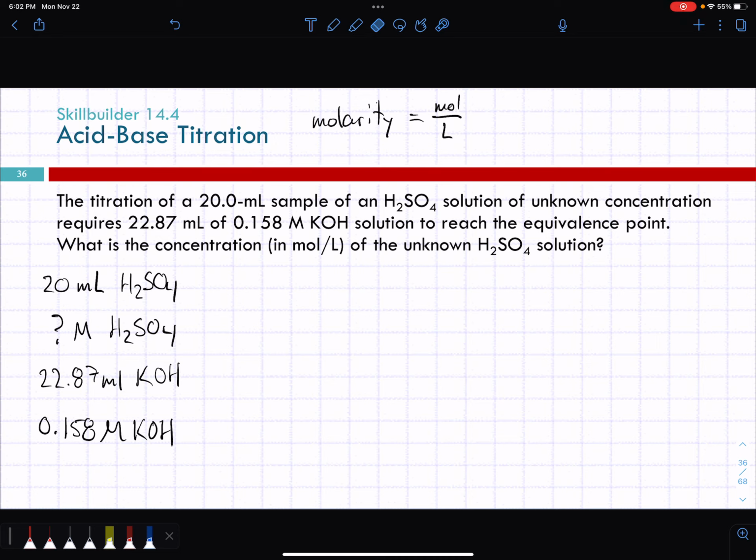So for every 1 mole of H2SO4, we're going to need 2 moles of potassium hydroxide. You could get that from a reaction equation too. You just write this out as a neutralization reaction.